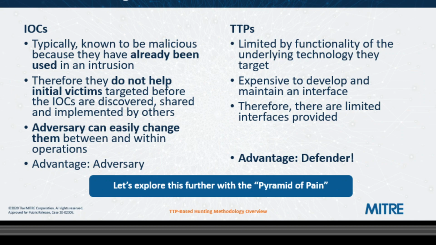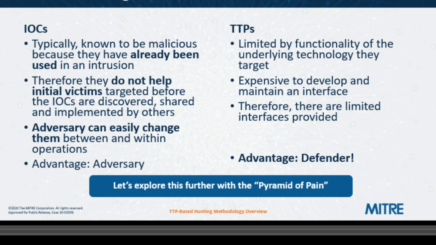And why should we look at malicious activity from the perspective of TTPs rather than those lower level indications of compromise or IOCs? Well, for one, in order to have an IOC at the level of an IP address or the hash of a binary and know that that is related to something malicious, by definition, something malicious has already occurred. Someone has had to detect that through presumably some other means of detection.